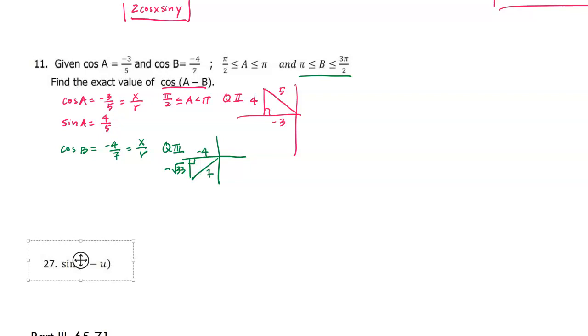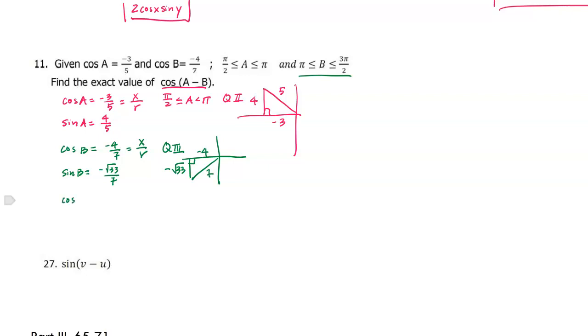Okay, so for this, sine of B equals negative square root of 33/7. So now that I have both of my sines and cosines, if they ask for tangent instead of cosine, then you have to find the tangents. Okay, so let's go ahead and set it up.